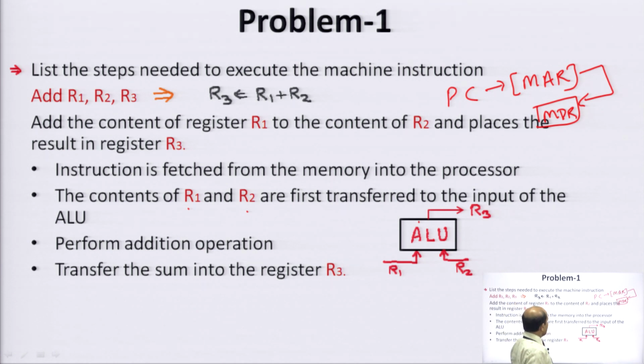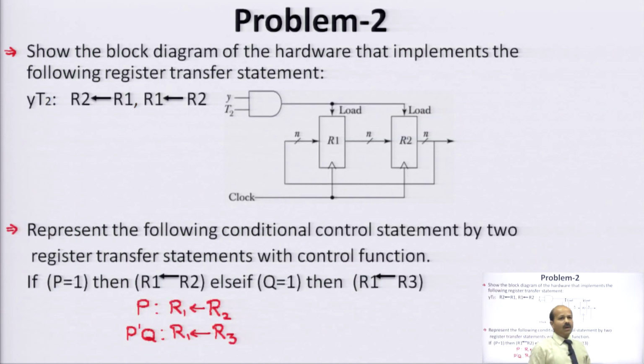So, let us talk about the next problem, where this transformation operation will be carried out when a particular control signal is enabled, and the control signal is given in terms of YT2. This will be given to the AND gate, and whenever these two values are 1, then this transformation operation will be performed.